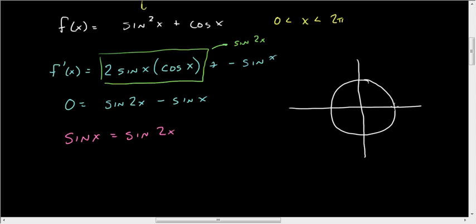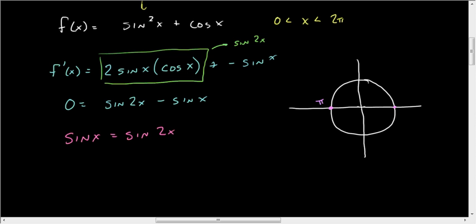When x is 0, sine is 0. However, we are restricted. We can't choose 0. That's a restriction on our open interval here because we need open intervals. And so that happens again at pi, and so pi is a good choice. Other choices that work, 60 and 120.